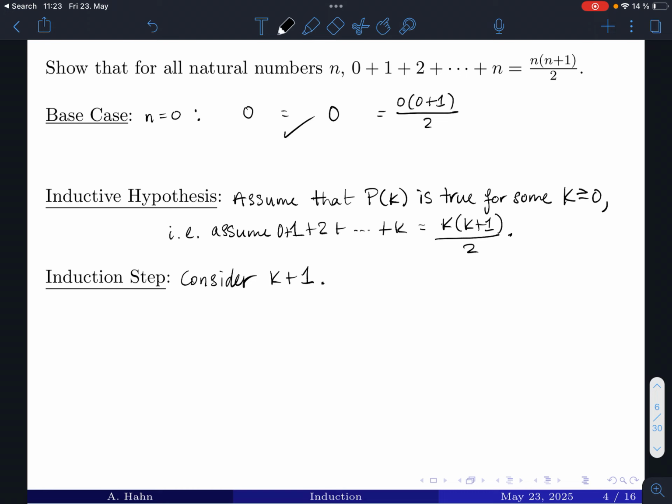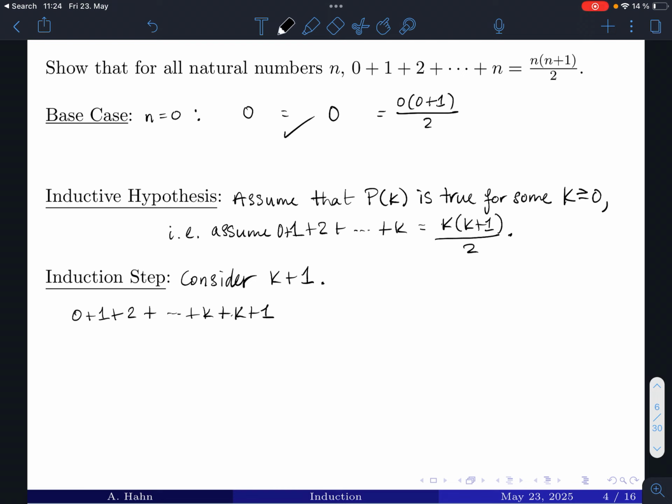Usually we write down one of the sides of the predicate, either the left-hand side or the right-hand side, and then we end up on the other side. So let's write down 0 plus 1 plus 2 plus ... plus k plus 1. This is the left-hand side of the predicate on k plus 1.